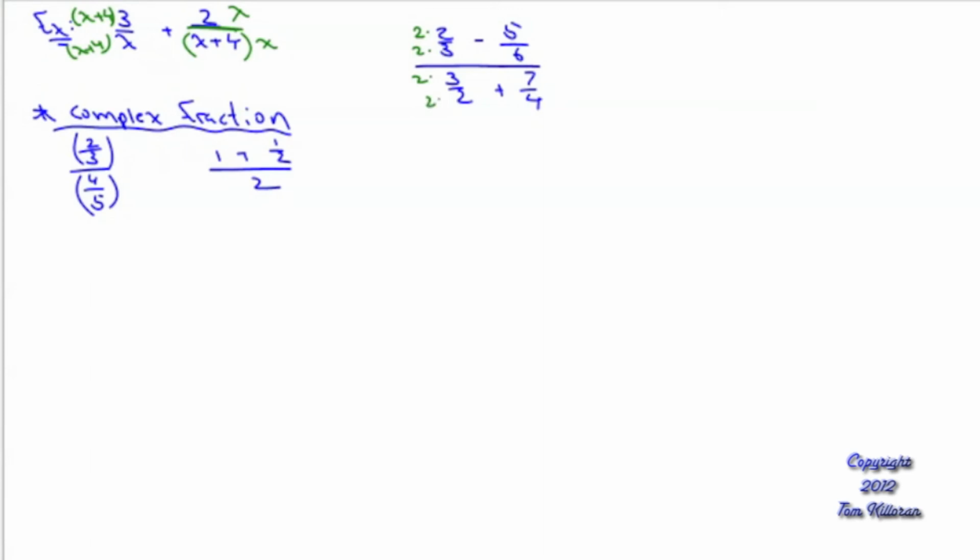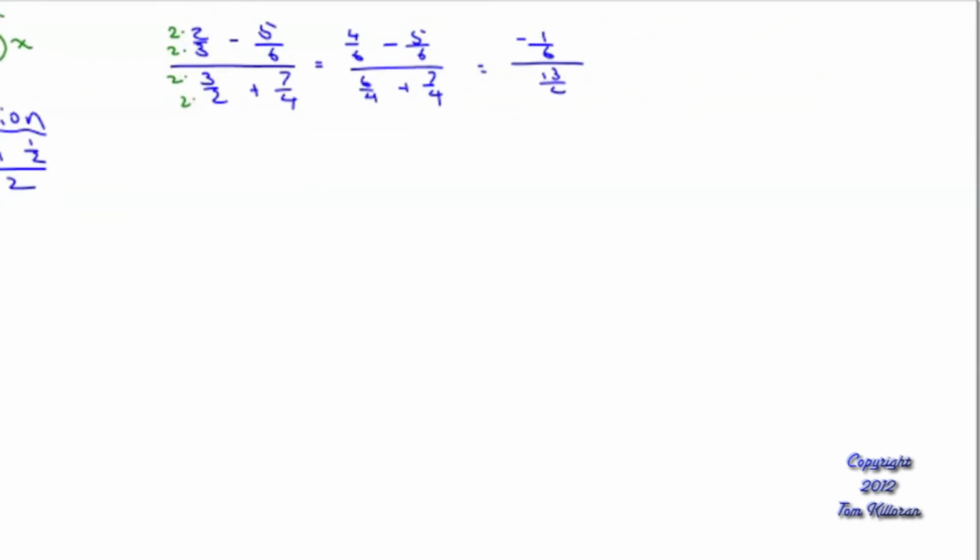So this becomes 4/6 minus 5/6 over 6/4 plus 7/4, right? Okay, then you add them together, so this becomes negative 1/6 over 13/4, and then you have to flip and multiply, so it's negative 1/6 times 4/13.